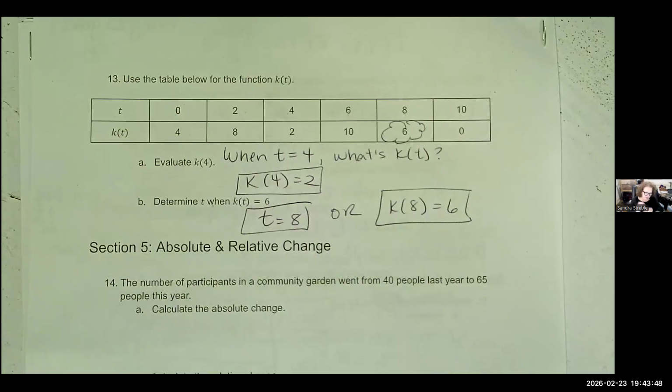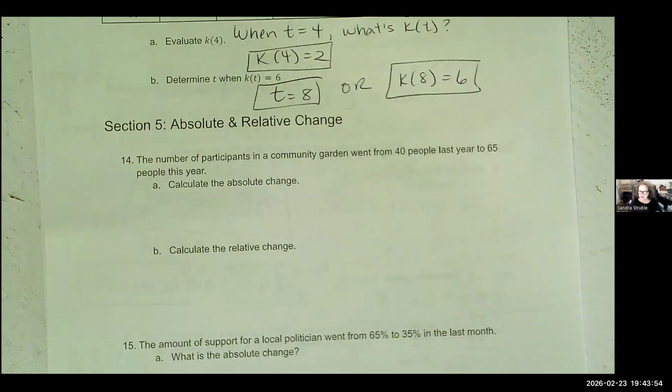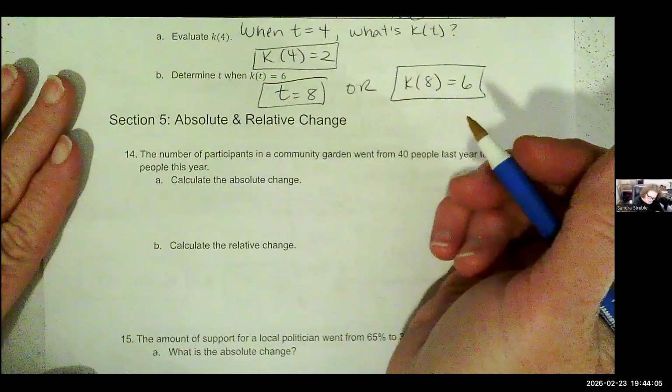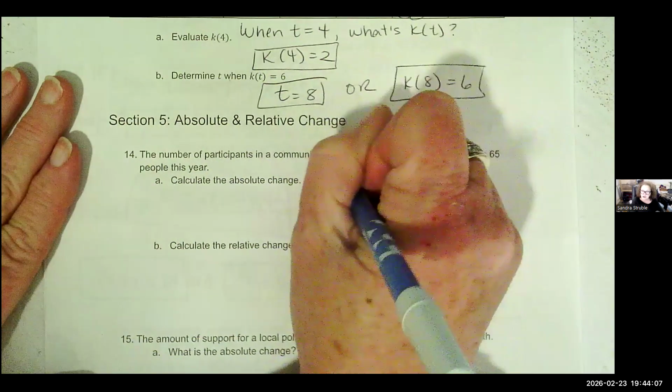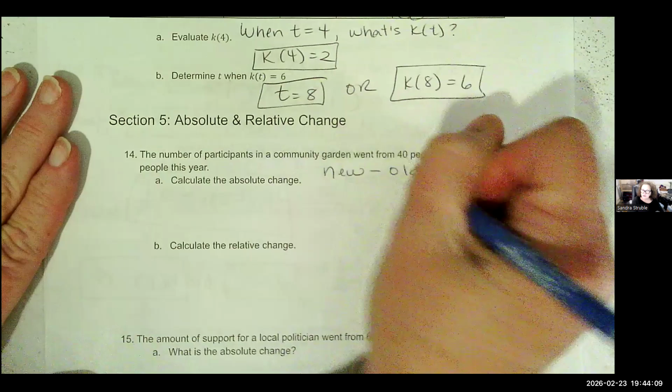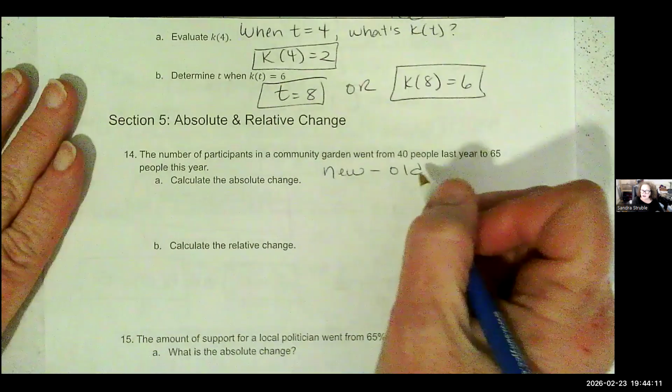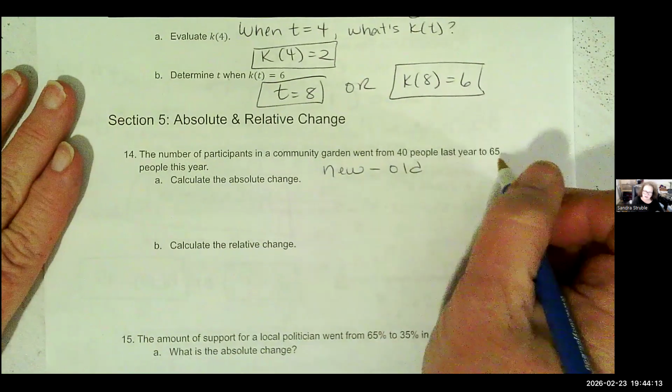Now we're doing absolute and relative change. The number of participants in a community garden went from 40 people last year to 65 people this year. Calculate the absolute change. All right. Absolute change is new minus old. Put it on your note card. Make sure it's on your note card. So the new value is 65. The old is 40.